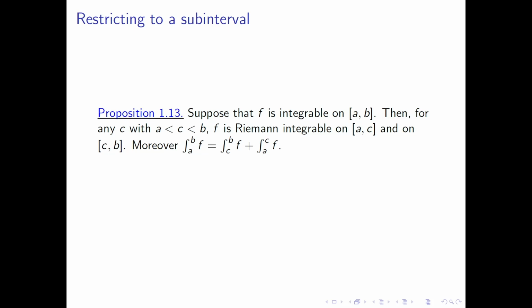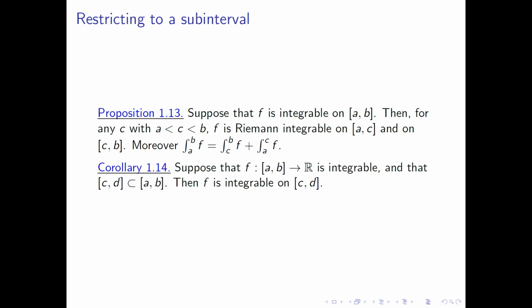And, as you'd expect, the integral from a to b is equal to the integral from a to c plus the integral from c to b. So what we're going to prove is exactly what you think is going to be true.